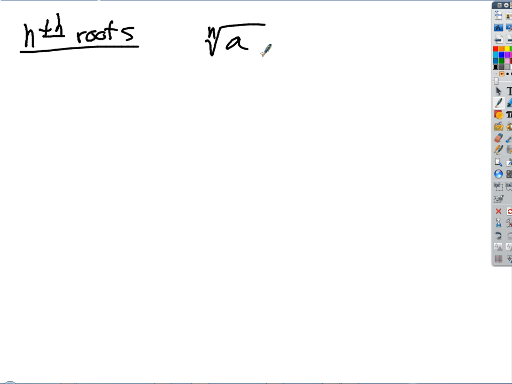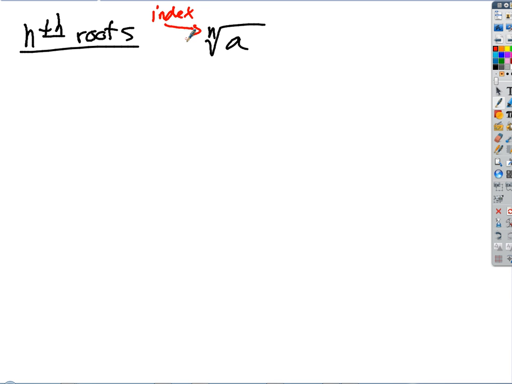That says the nth root of a. Notice that there's a little number that goes up here on the radical sign. For a square root, it's a 2. We just don't write it. It's invisible, but it's there. We call this little number the index of the radical. It tells us what kind of root we're taking.